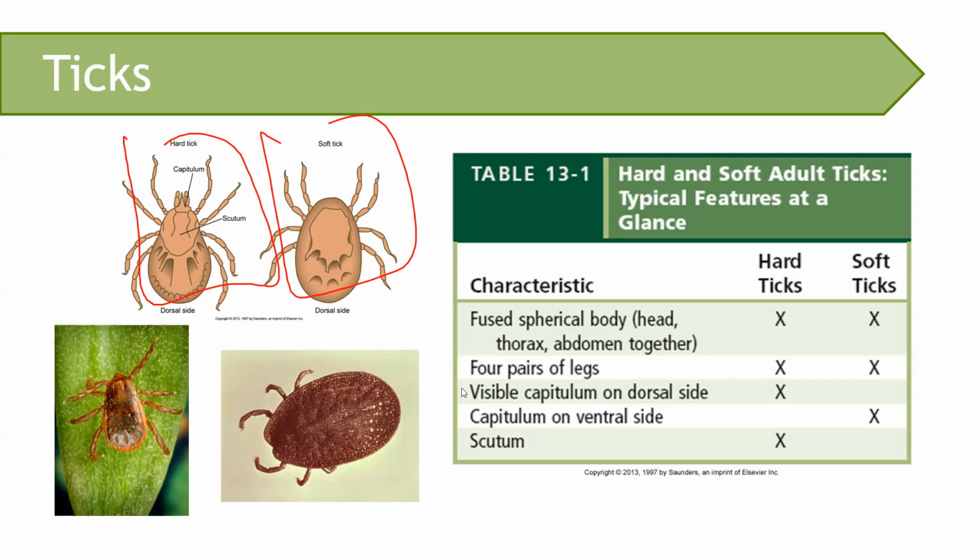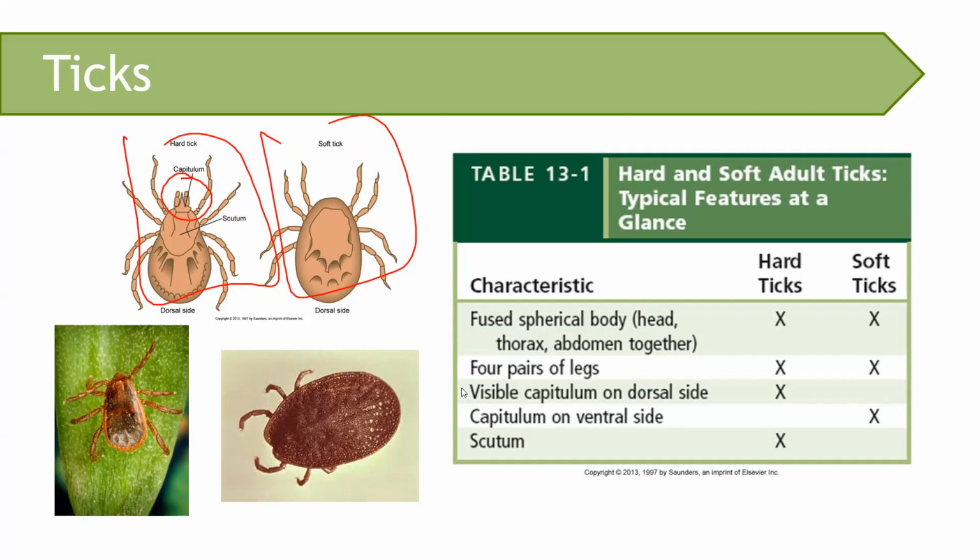Visible capitulum on the dorsal side. That's it: in hard ticks it is visible, in soft ticks it is not. And then the scutum: present again in hard ticks but not in soft ticks.